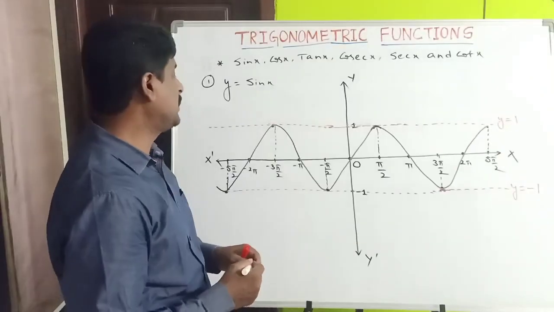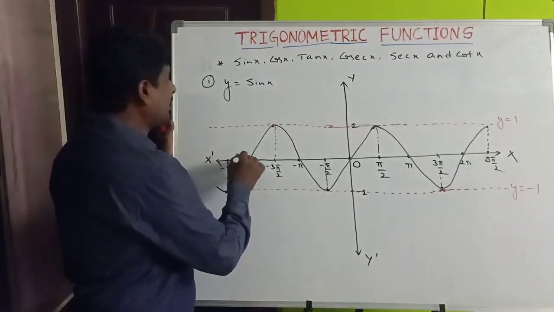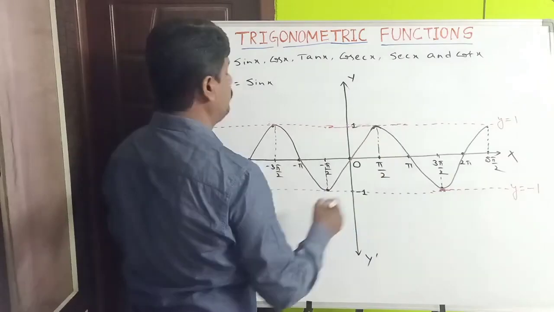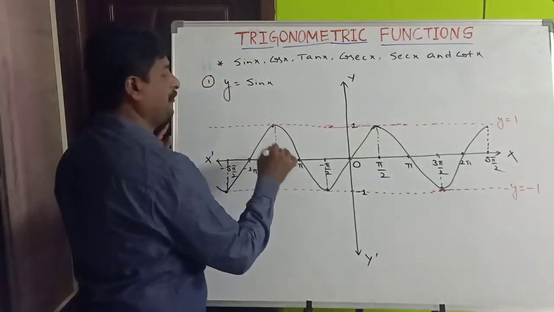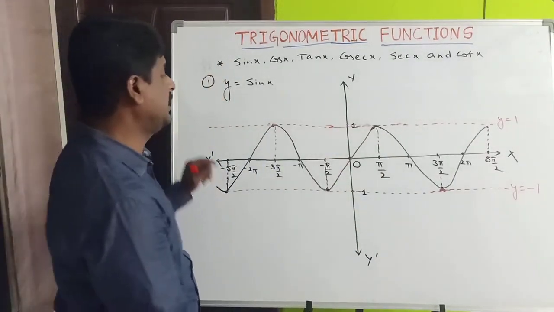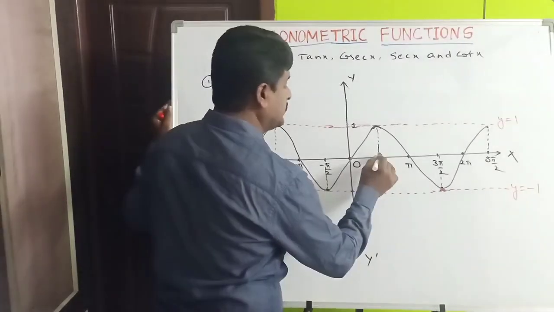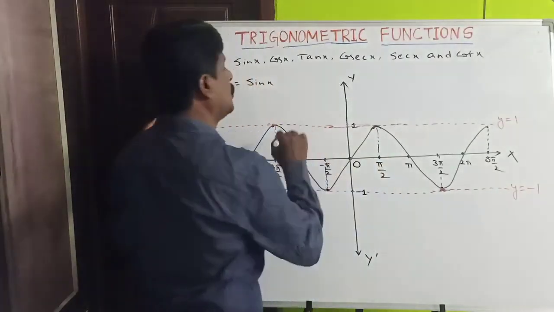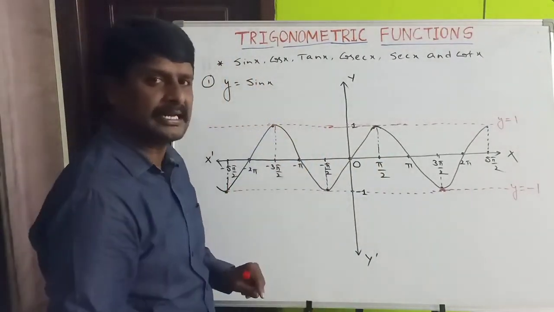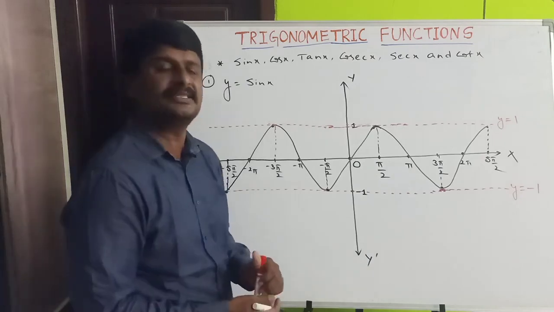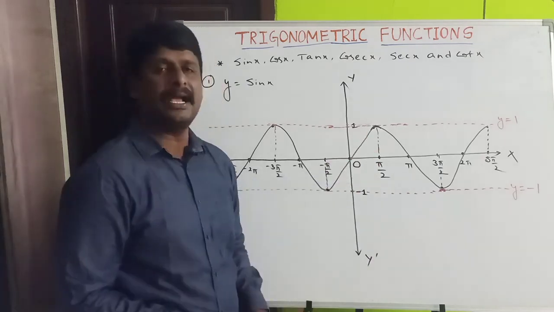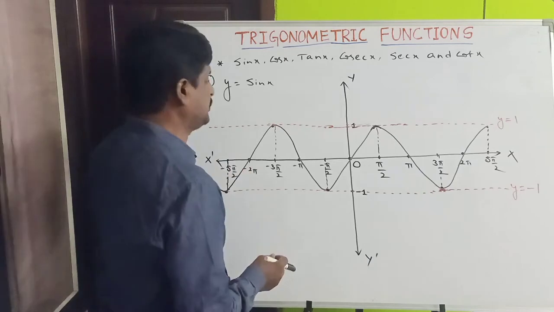And also observe for what values of x the graph is defined. I am considering only a few known values, and for more convenience, only multiples of 90.